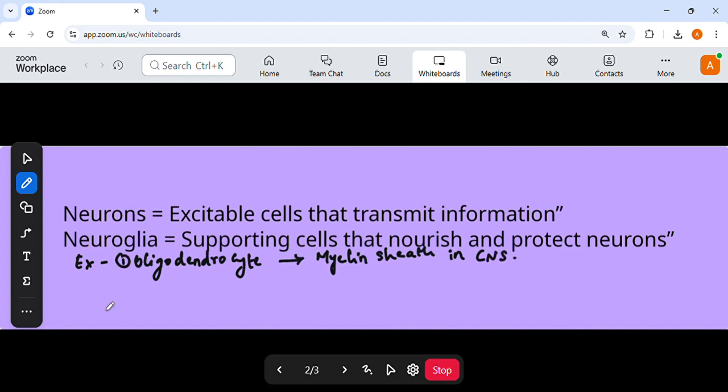This is the first one. The second one is Schwann cell. What does Schwann cell do? They'll form myelin sheath in the peripheral nervous system.